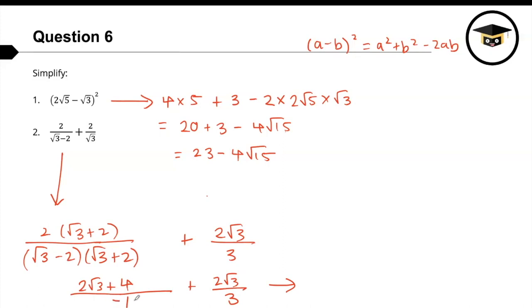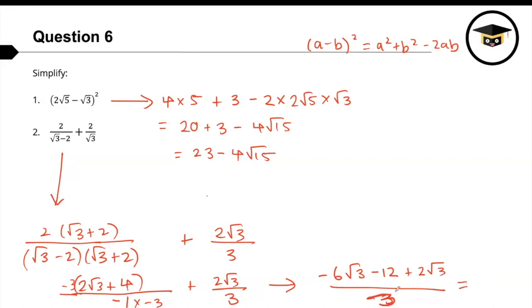So if I multiply this by minus 3, then I also do that to the top. So I do it to everything on the top. So I end up with minus 6 root 3 minus 12 over minus 3 plus our 2 root 3. Sorry, the denominator is going to be positive 3.